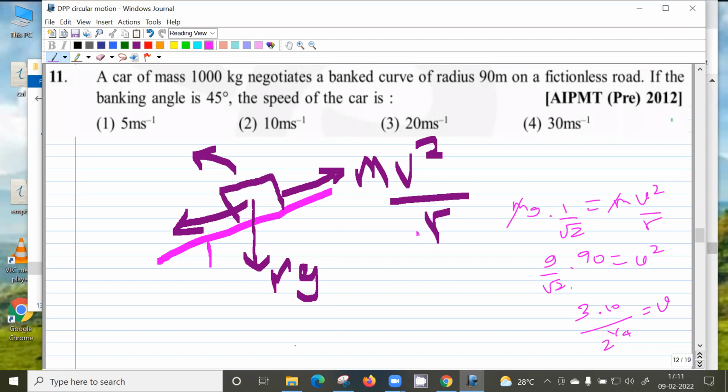This is actually, sorry, 19 into root 2.